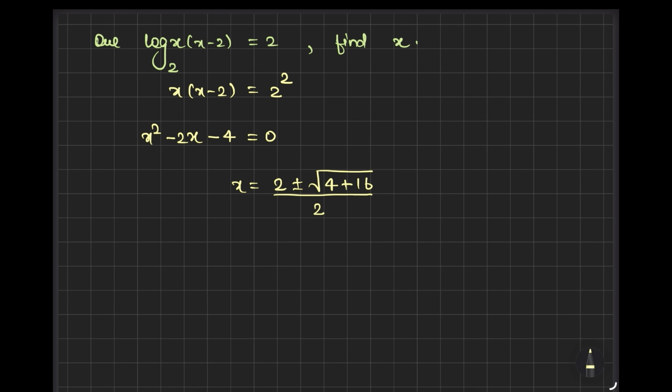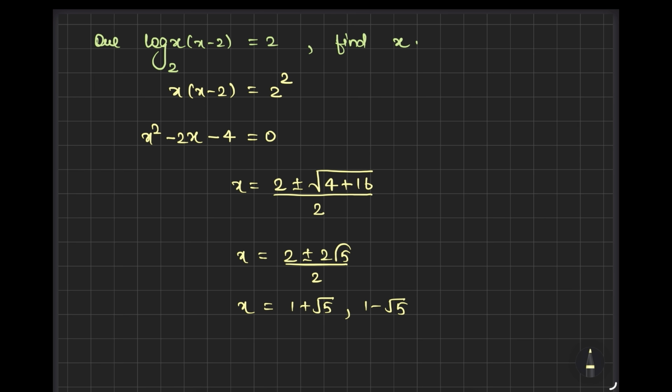So 5 times 4 is 20. So can I say that it is 2 plus minus 2 root 5 by 2, or can I say that 1 plus root 5, 1 minus root 5? Okay, so this is the value of x.